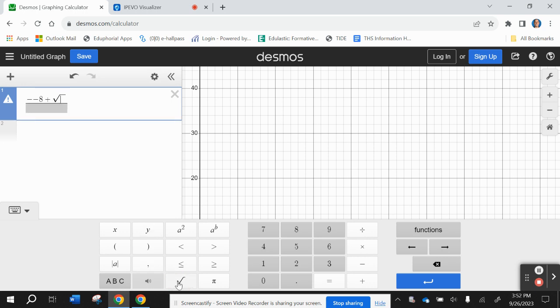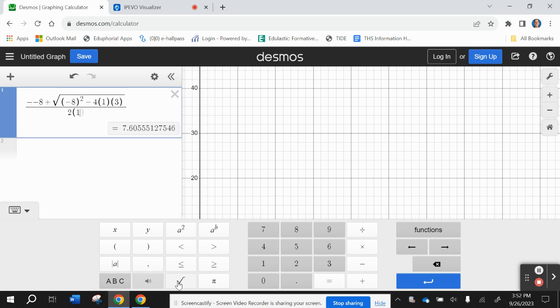Square root of parentheses negative 8 squared minus 4 times 1 times 3 divided by 2 times 1 is 7.6. That is one of the values. Okay, and then all I have to do is change the plus to a minus and get 0.4.